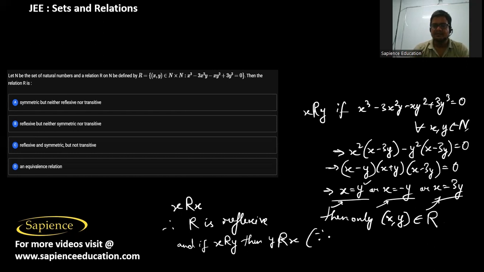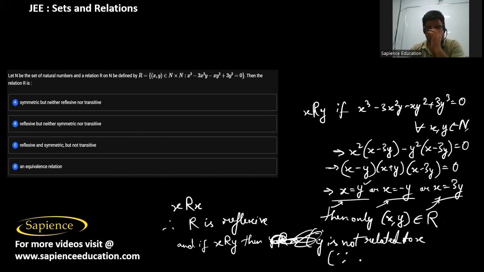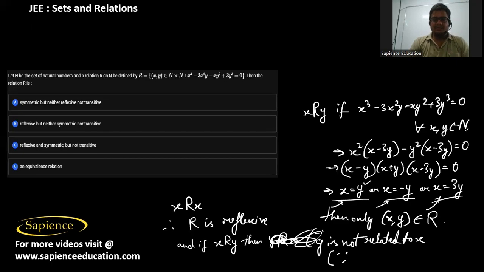It is not true, then y is not related to x. Since why? Suppose for example we take x equal to 6 and y as 2.